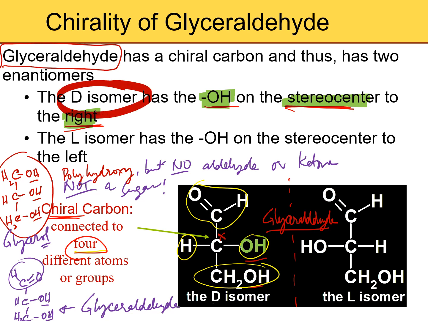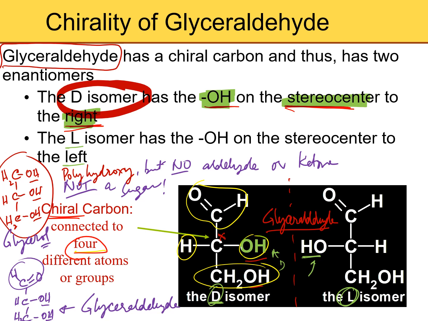And if it's on the left, then we call it L for left, right? So in this case, OH is on the right, we call it D. And here OH on the left hand side, this is the L isomer. So we call it D-glyceraldehyde, the one on the left hand side, and on the right hand side we call it L-glyceraldehyde.